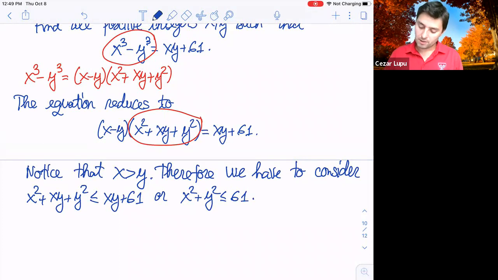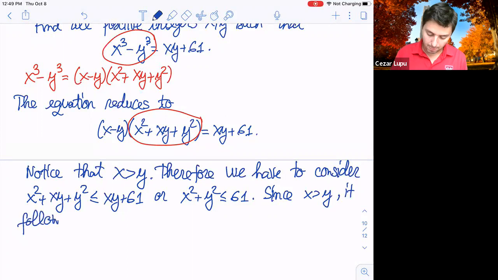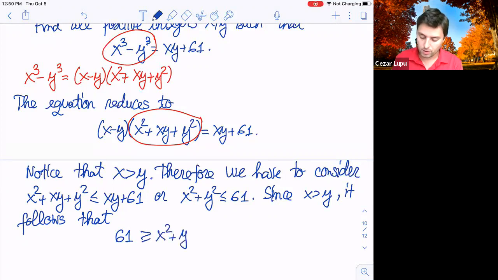And now since x is greater than y, it will follow that 61 is greater or equal than x squared plus y squared, which is, since I know that x is greater than y, greater or equal than 2y squared.